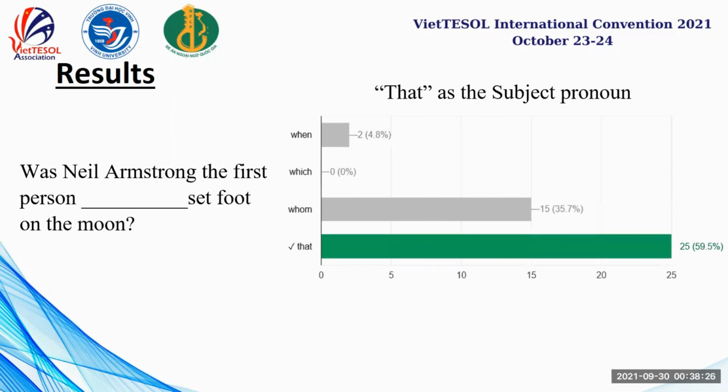As you can see here in the diagram, up to 40.5% of our students fail to recognize the use of that as the subject pronoun when the sentence has a superlative structure.